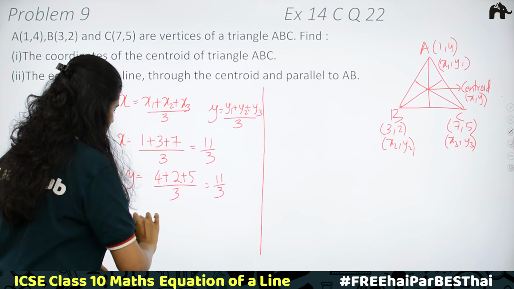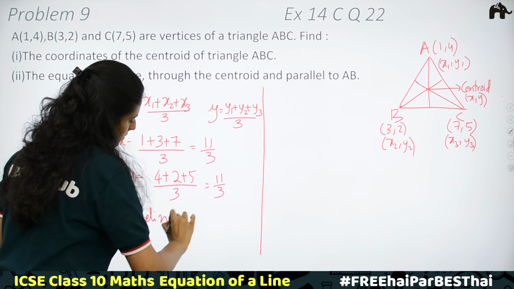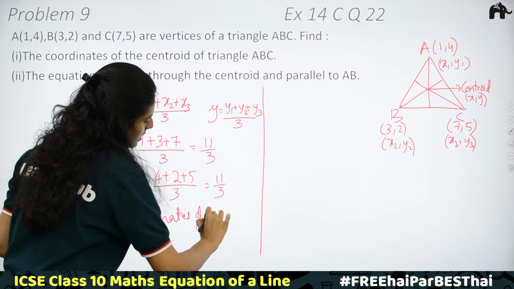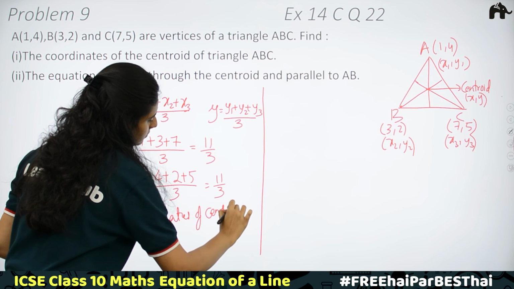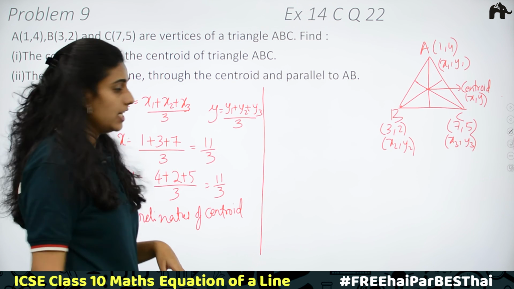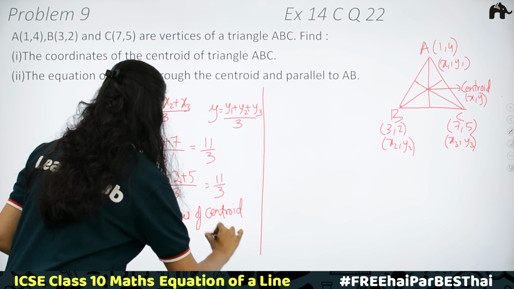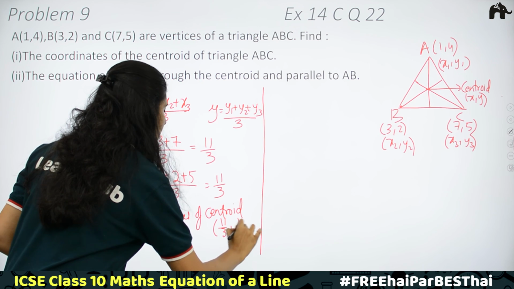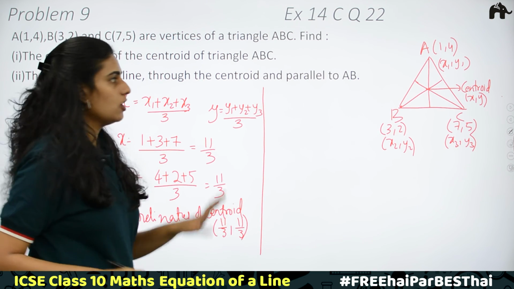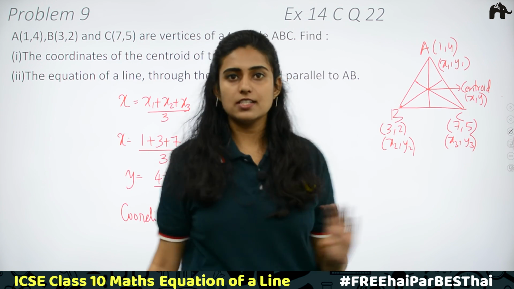Therefore, the coordinates of the centroid are 11 by 3 as x coordinate, 11 by 3 as y coordinate. So, we got the coordinates of the centroid.